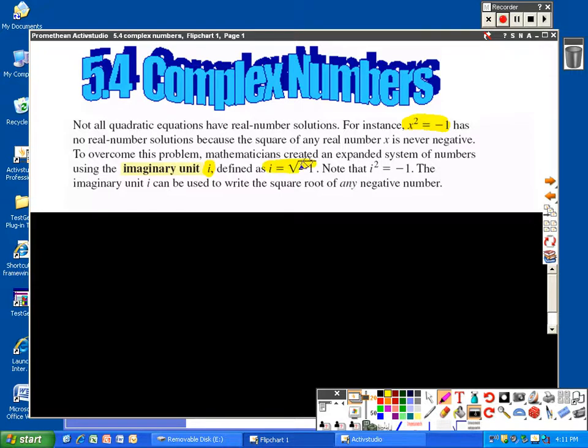So i is equivalent to the square root of -1, which then means if I square both sides of this, I get i squared equals -1. And whenever we have to square root a negative number, it will be i as its square root.